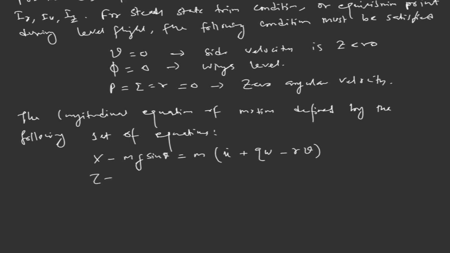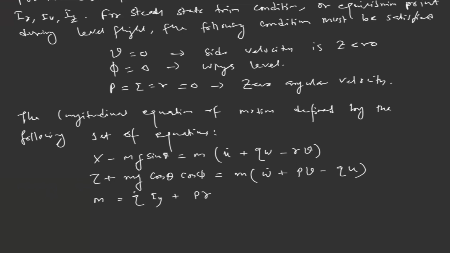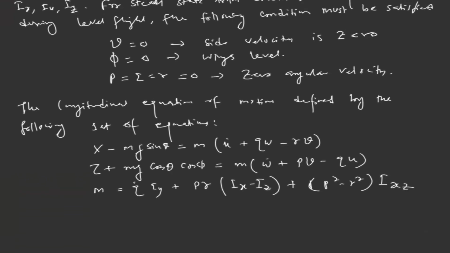So X minus mg sin theta equal to m into u dot plus qw minus rv, Z plus mg cos theta cos phi equal to m into w dot plus pv minus qu. And the moment equation along the y-axis: M equal to Q dot Iy plus PR (Ix minus Iz) plus (P square minus R square) Ixz. So these are the equations involved for the longitudinal motion of the aircraft.